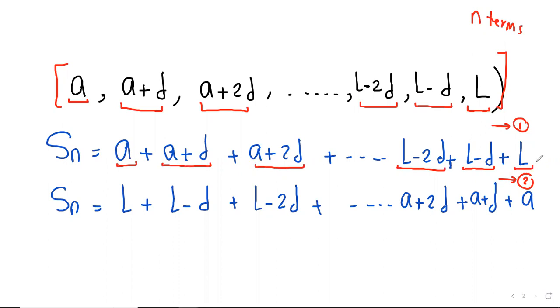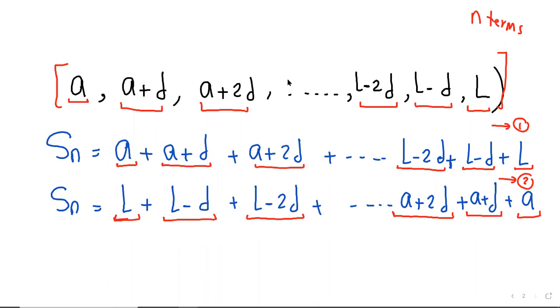The last term is L, so we write L, and L minus D, and L minus 2D. I wrote the last term first, and at the end we have A, and here A plus D, and here A plus 2D. So that is equation 1, and that is equation 2.